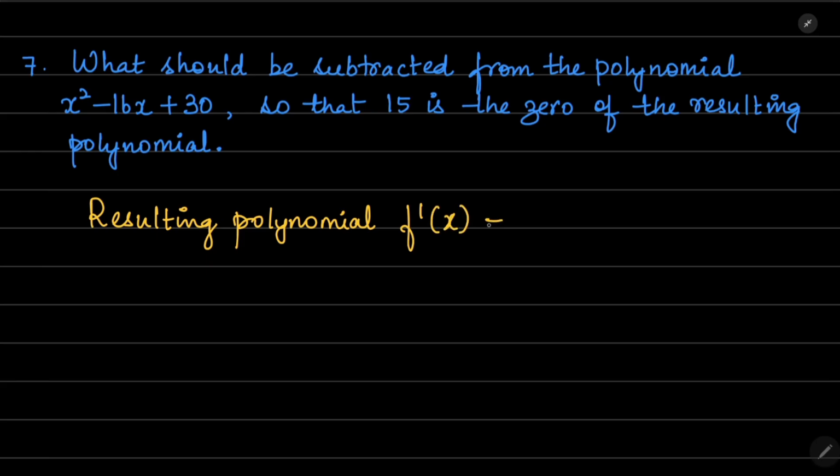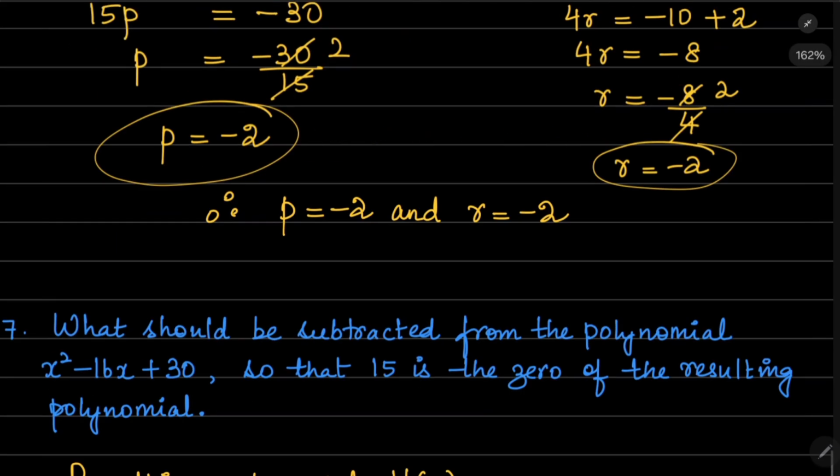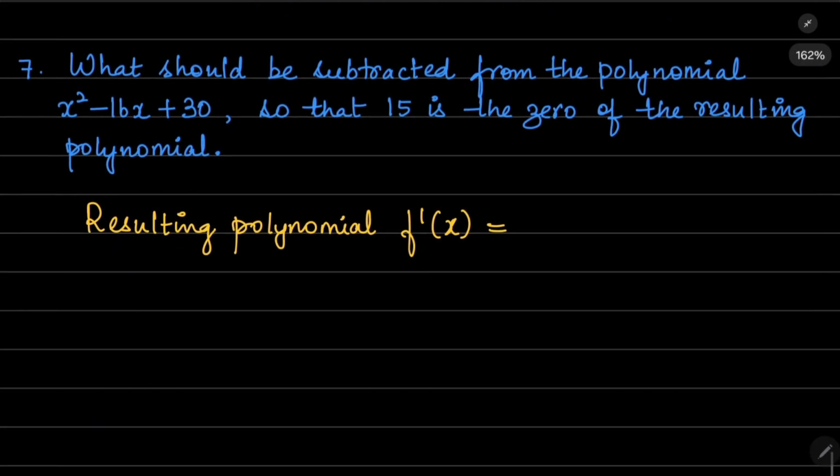It will be equal to the given polynomial, and let k be subtracted from it. So you write x square minus 16x plus 30 minus k.